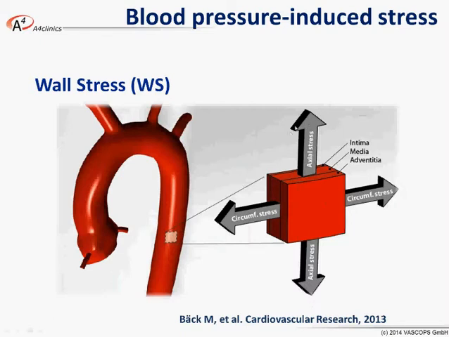This is a normal stress since it acts normal to the area here and distributes this load through intimal, medial, and adventitial layers. So we're going to focus on this wall stress for our rupture risk assessment.